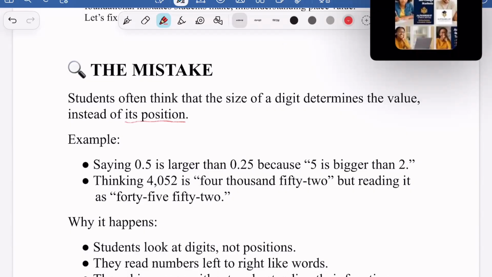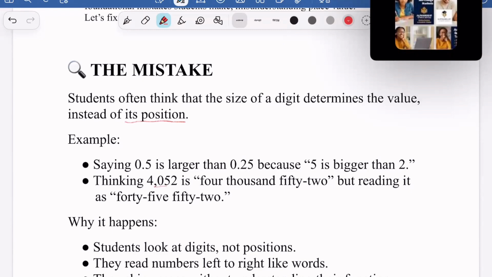Another example: 4,052 is read as 4,552. Students skip the zeros.